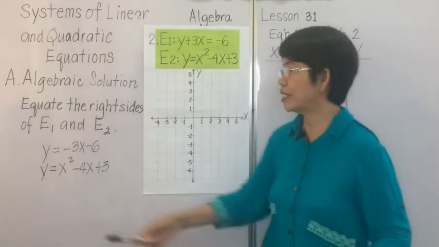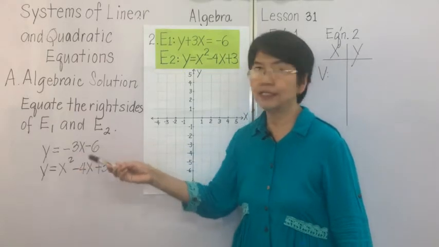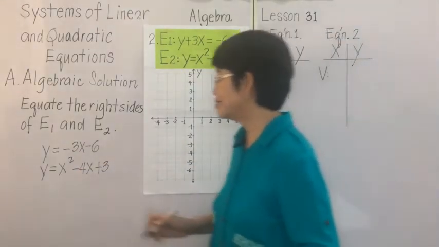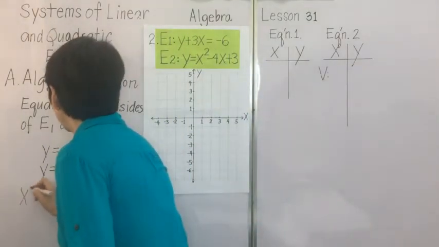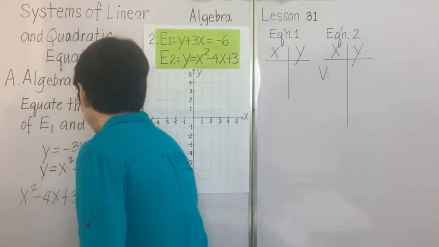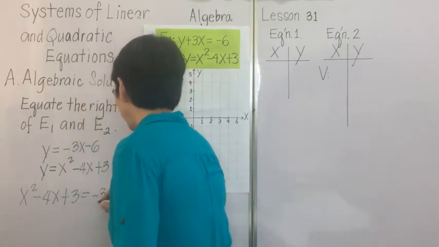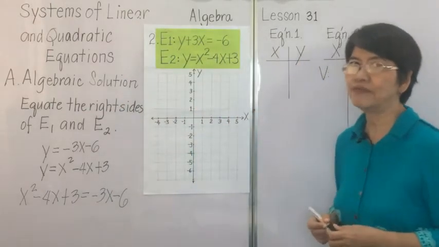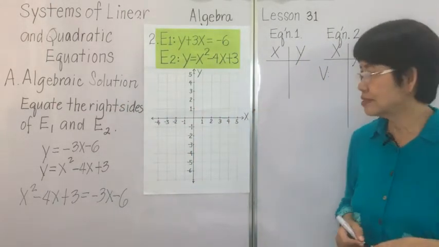So we will equate the right sides of the equations. So let's start with x squared minus 4x plus 3 equals negative 3x minus 6. Then simplify this equation and solve for x.